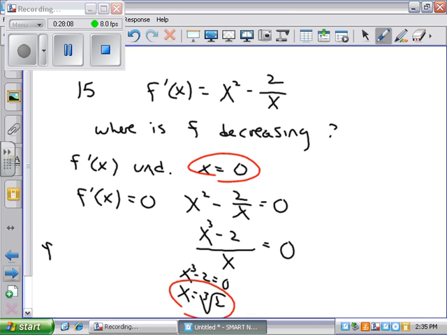And if we draw a little first derivative number line, break it up at 0 and the cube root of 2, I have to take a number and plug it into the derivative. So let's take a number like 100. That's over here, right? Would that make the first derivative positive or negative? Positive, right? Because it'd be 100 squared minus 200. Give me a number between 0 and the cube root of 2.